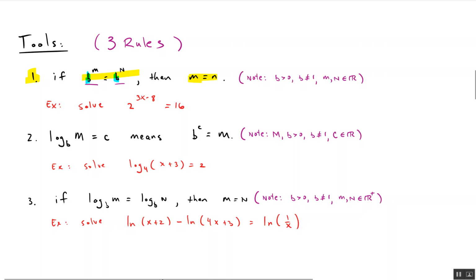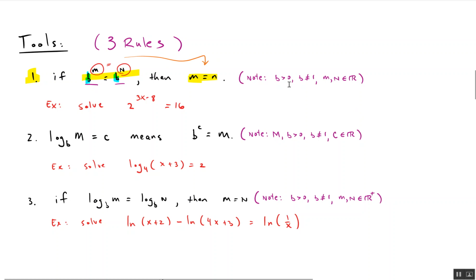because they're equal, you're guaranteed that these two things must be equal. These two things meaning the exponents m and n must be equal. So that's how they come to this conclusion here that m equals n.